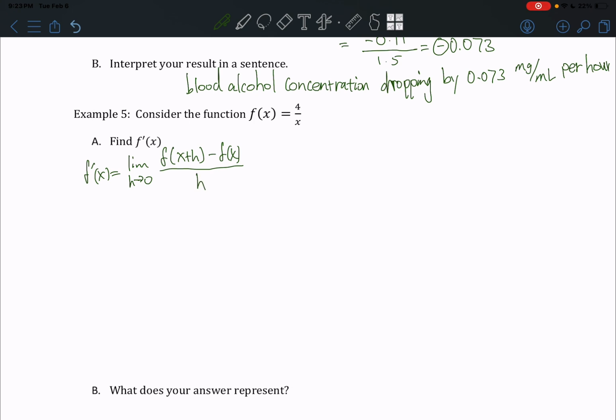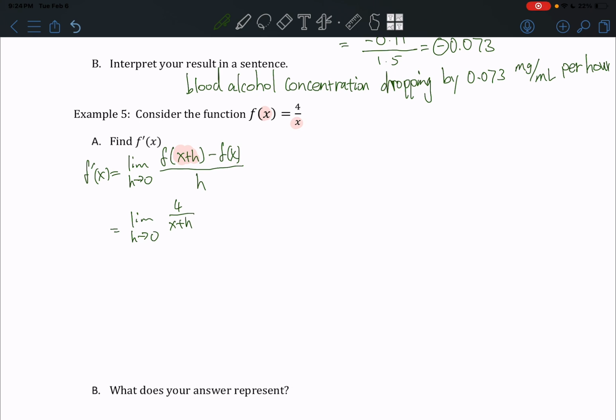So again, what that means here is whenever I see x in f of x, I replace that with x plus h. So this is equal to the limit as h approaches 0, f of x plus h. But that's just 4 over x plus h.